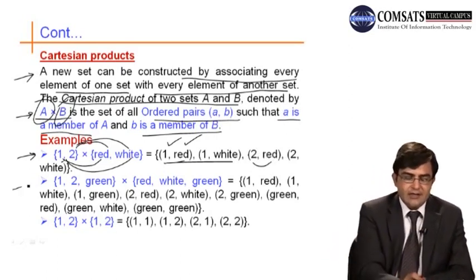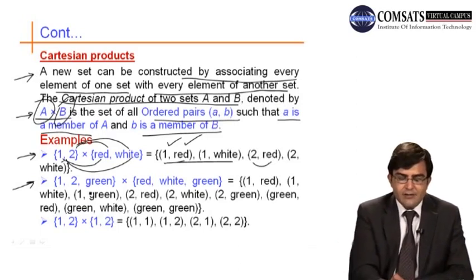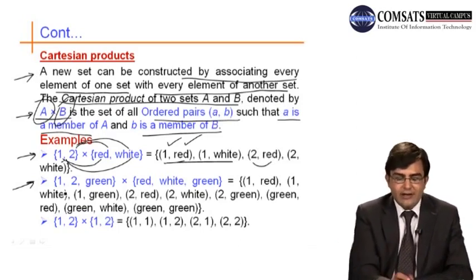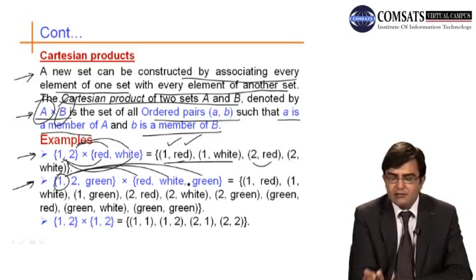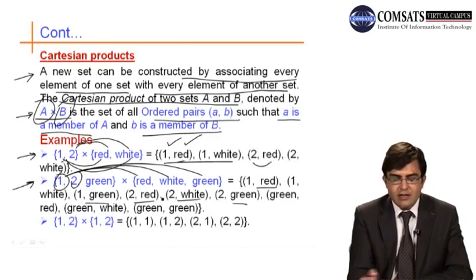If we take another example here, we have 1, 2, green and red, white, green. So we write 1 with red, 1 with white, 1 with green in ordered pairs: 1 red, 1 white, 1 green, and then we choose the second element: 2 red, 2 white, 2 green. Then we choose the third element: green red, green white, green green.